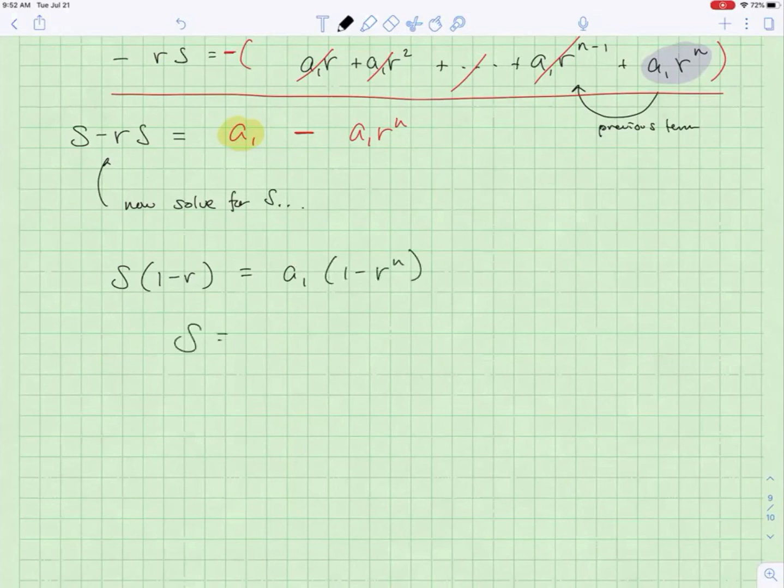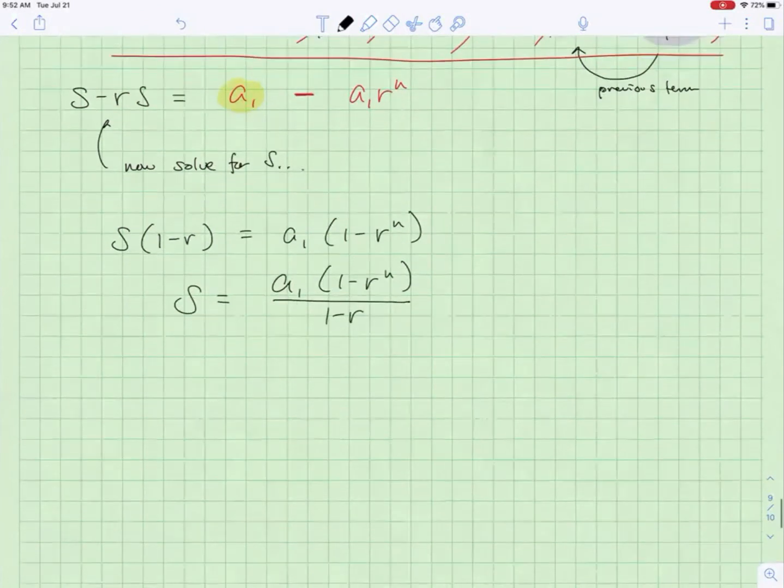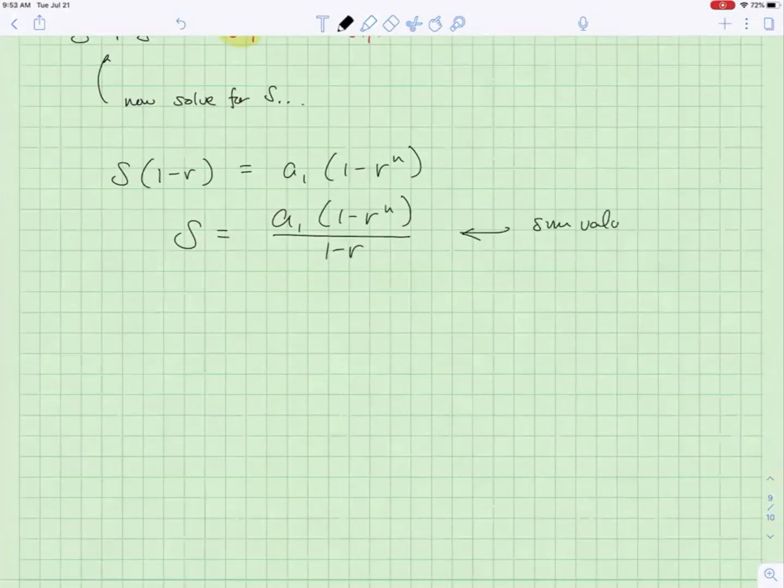And it turns out that the sum of all these terms is A1 times 1 minus R to the n, divided by 1 minus R. This is the sum of the first n terms of a geometric sequence. That's our big formula for this one.